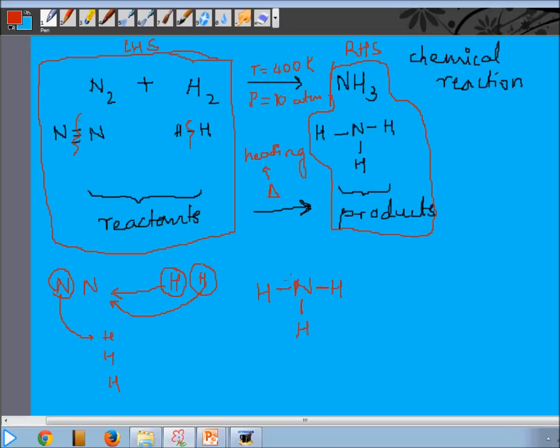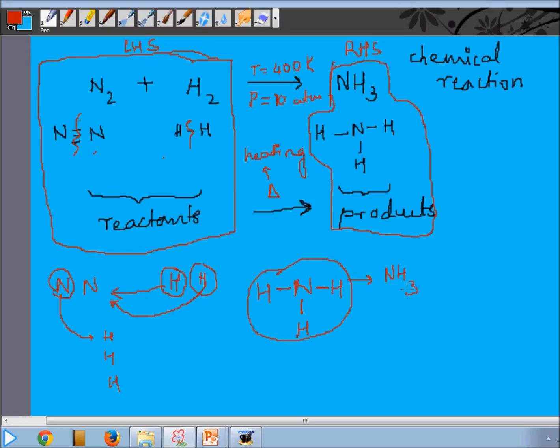So this is formation of bonds. Initially there was breaking of bonds, then rearrangement of atoms, and lastly formation of bonds. So my N2 is gone, my H2 is gone, but instead I have now ammonia, NH3, that is the product. So this is how a chemical reaction takes place.